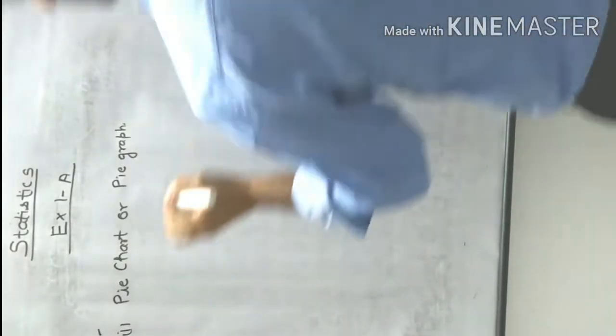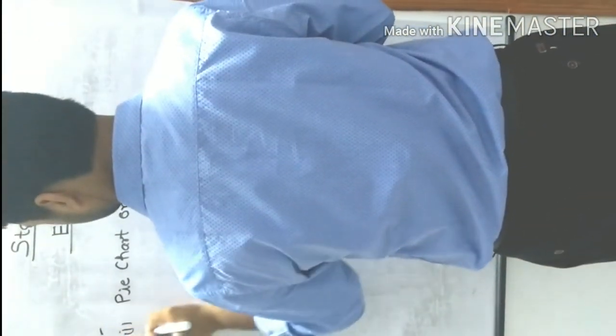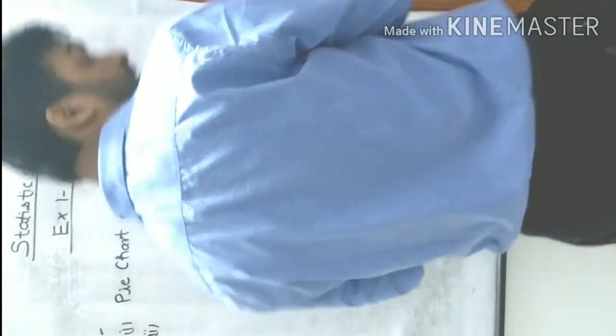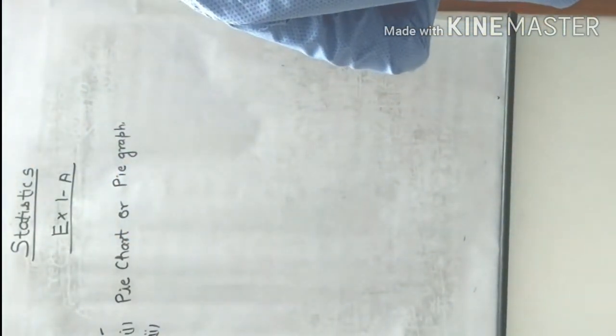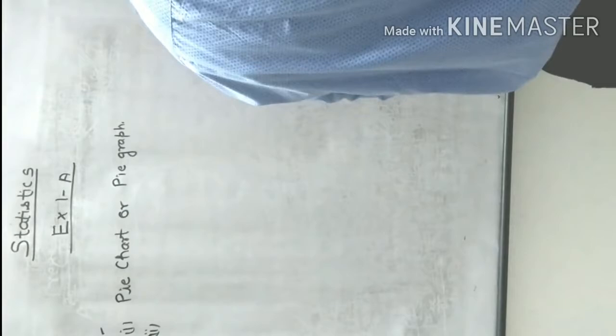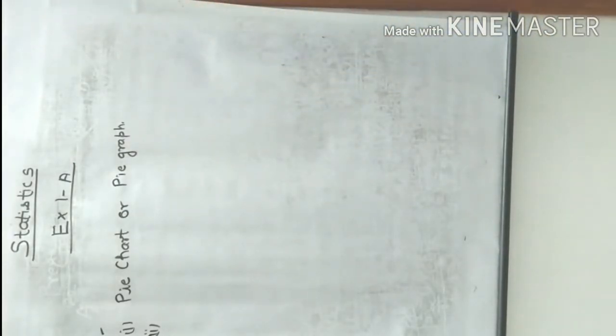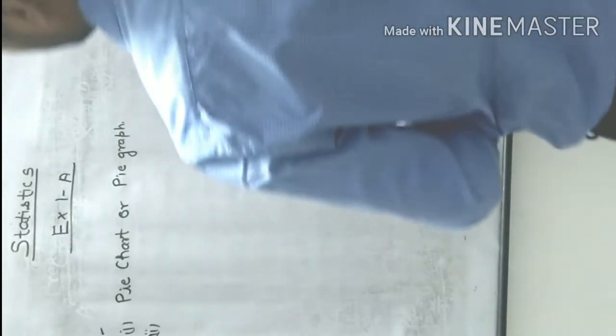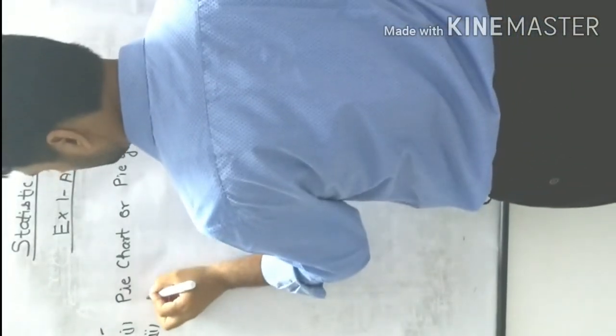Second part. The second part says, the time spent by the student in school is dash hours in a day. So it is telling 90 degree. Now see, time spent in school.